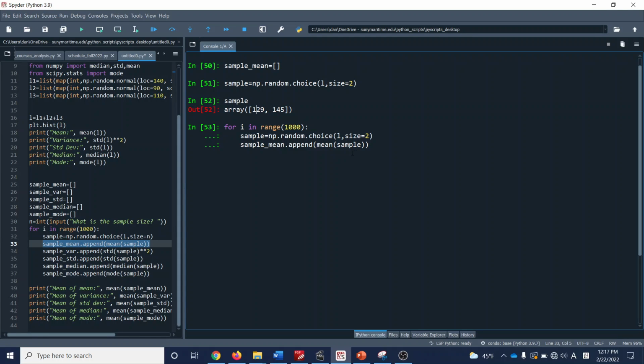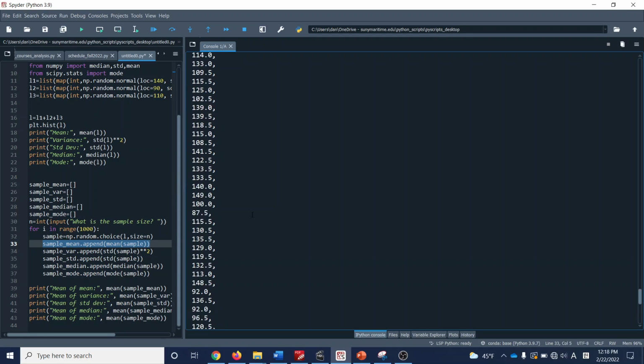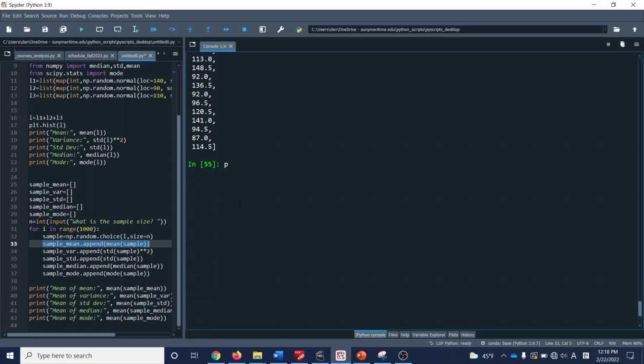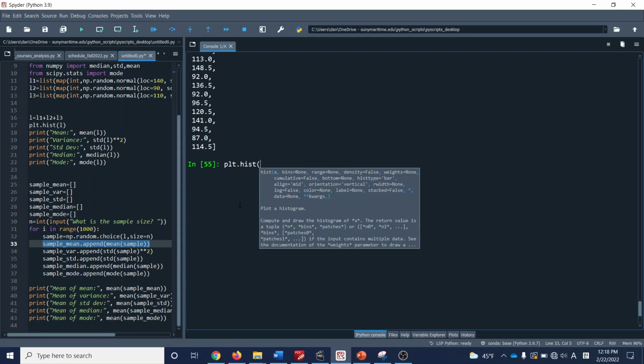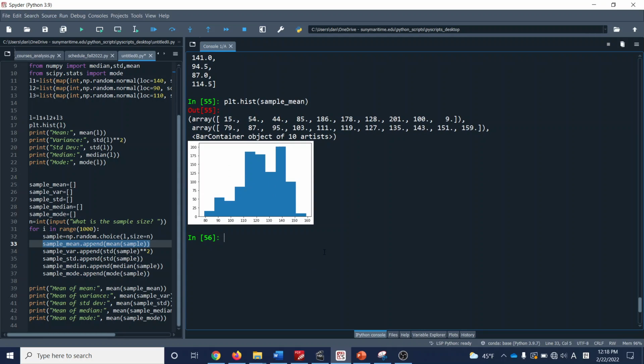Just take the average. Okay, collect them all. Let's look at the sample mean. So these are the numbers that we get, but let's plot a histogram of the sample mean. Okay, so this is how it looks.